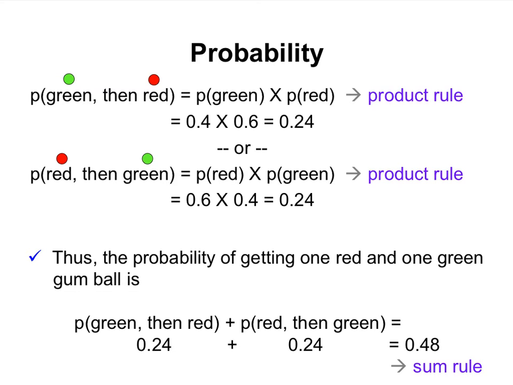Again, you're using the product rule. So the probability of getting one red and one green gumball is the probability of it happening this way plus the probability of it happening the other way, added together. So 0.24 plus 0.24, or 48% chance of getting a red and a green.